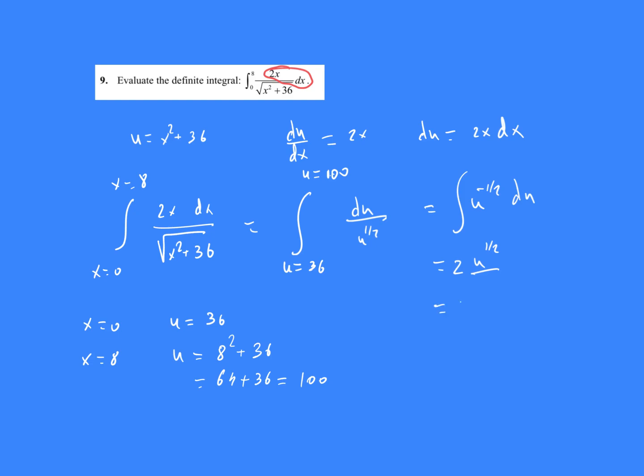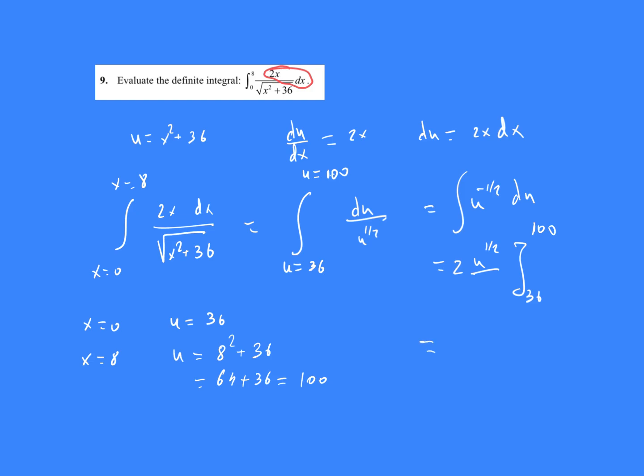So it will be 2 times the square root of u, evaluated between u equals 36 and 100.